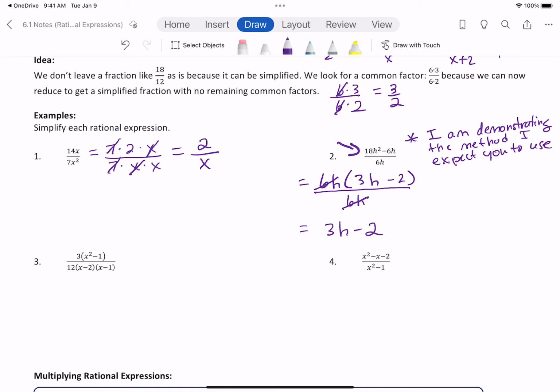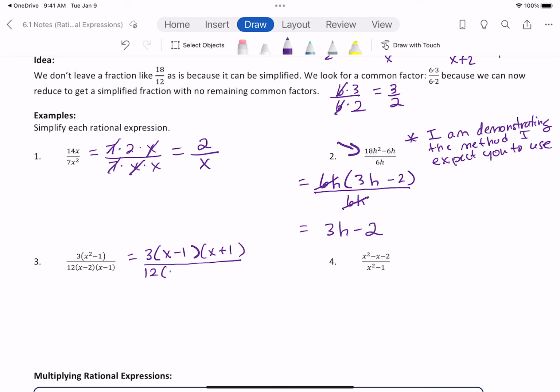All right, for the third one, it's the same idea. In the numerator, that x squared minus 1 is a difference of squares. So I can write that as x minus 1, x plus 1.